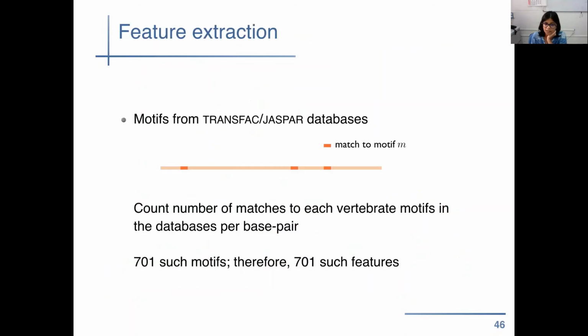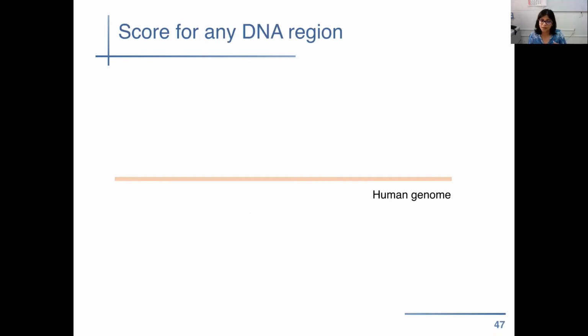And we created our feature set. For every sequence in our enhancer set and every sequence in the control or negative set, we counted, just like we did for spam and non-spam, whether the motif matches or not. We built a model, which I'm not going to discuss in the interest of time, but it has a nice probabilistic representation as well. Once you have that model, it returns for any region a score, a probability between 0 and 1.